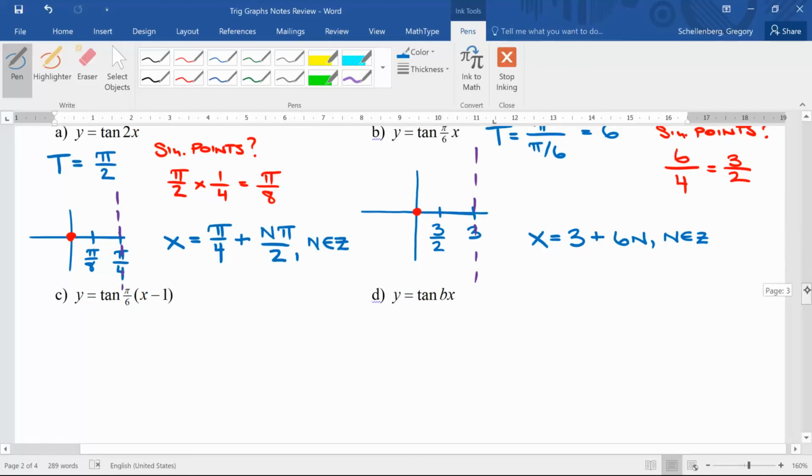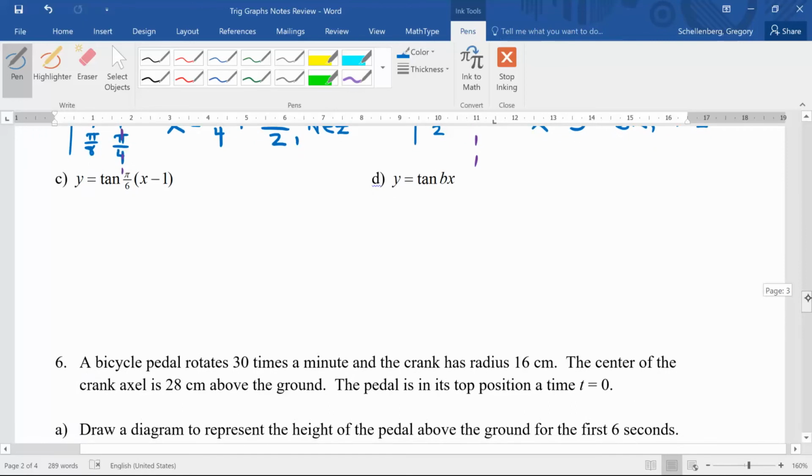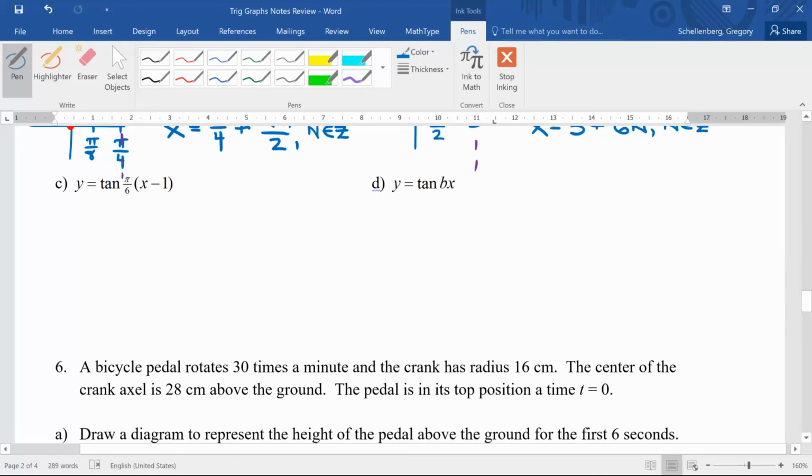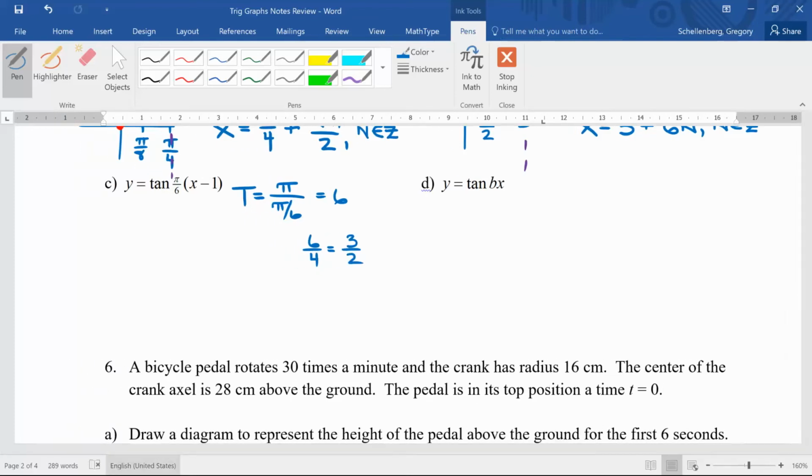Okay, next one. Y equals the tan of pi over 6 times x minus 1. Our period here is equal to pi divided by pi over 6. Our period, therefore, is 6, and our sig points, 6 over 4, is equal to 3 over 2. Now, give ourselves a visual.